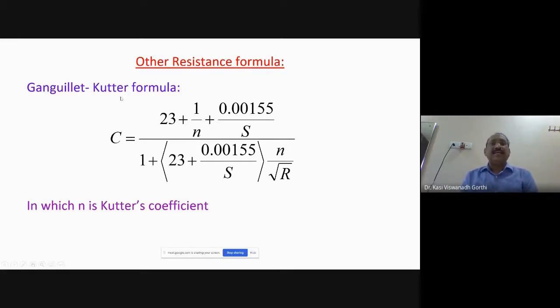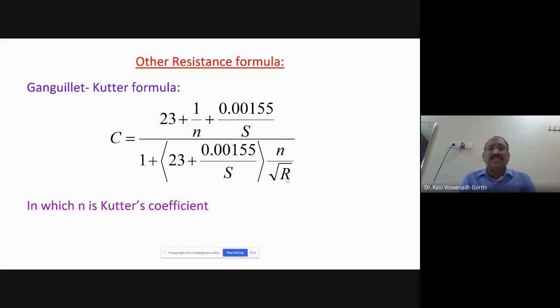Ganguillet and Kutter gave an empirical equation for finding the value of C: C is equal to (23 + 1 by n + 0.00155 by S) divided by (1 + (23 + 0.00155 by S) into n by root R). This is the empirical equation given by Ganguillet-Kutter for estimating the value of C.